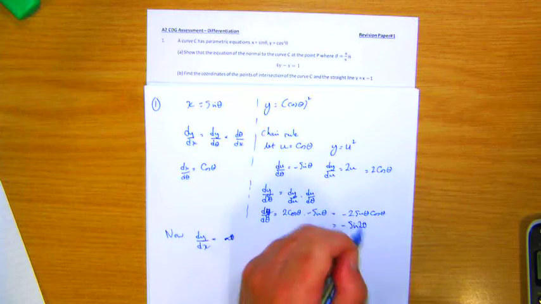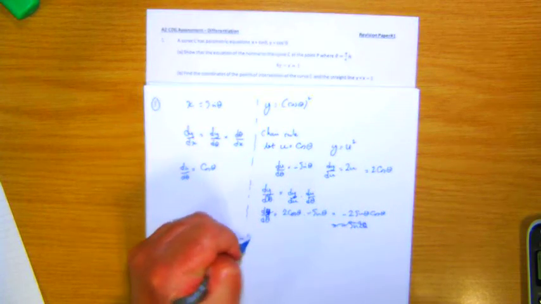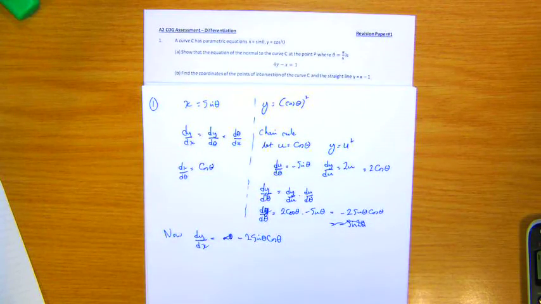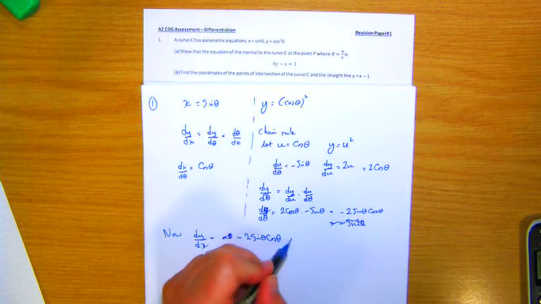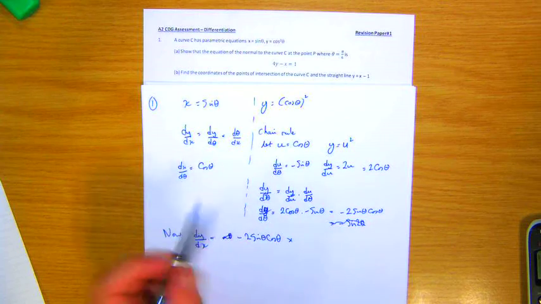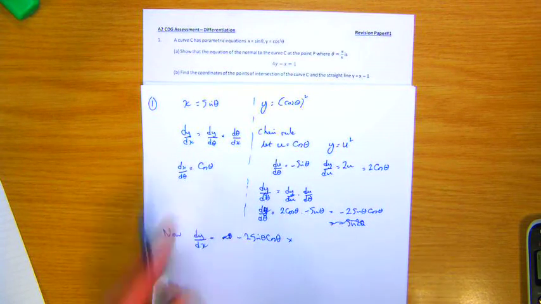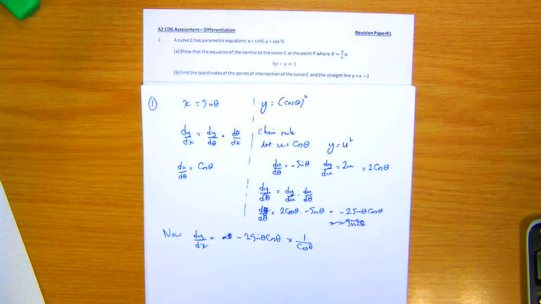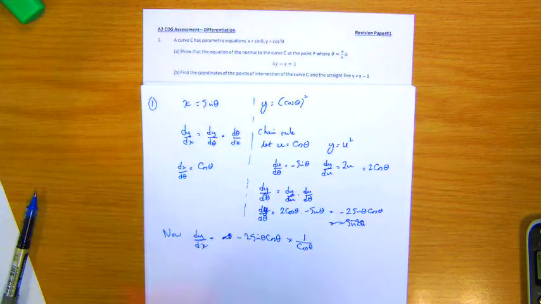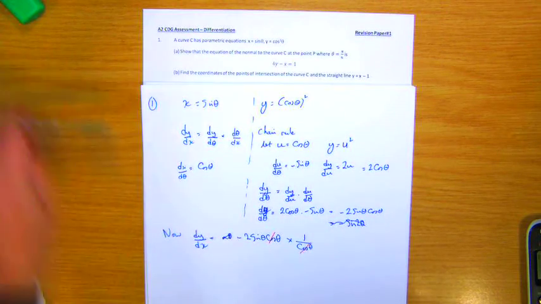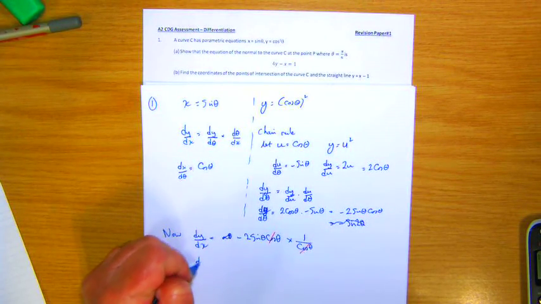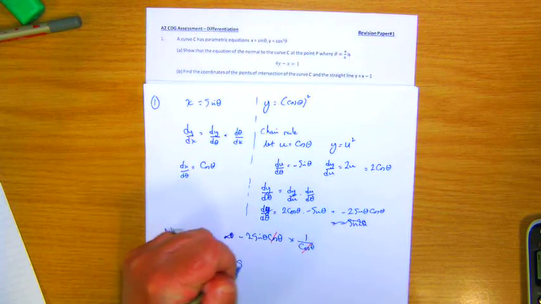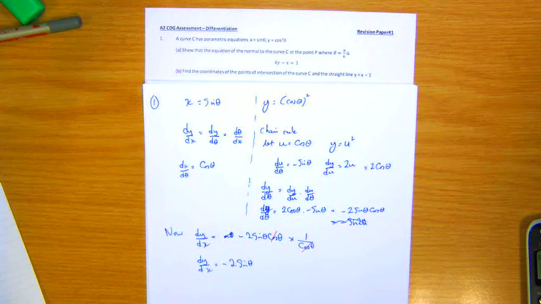So that's the dy d theta, and then we times that by d theta dx. Well, I've got dx d theta, so I need to invert that, which gives me 1 over cos theta, and then, as I just spotted, the cosines will cancel, so dy dx is minus 2 sine theta.